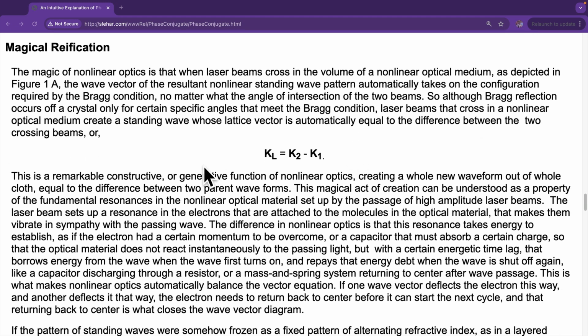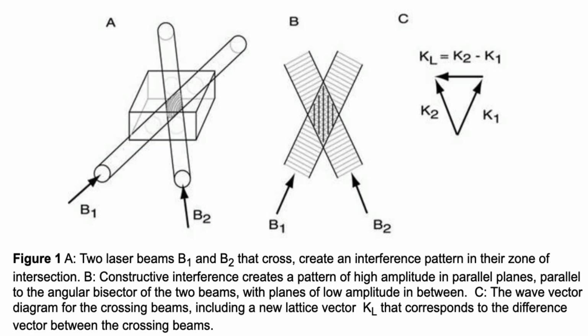Magical reification. The magic of nonlinear optics is that when laser beams cross in the volume of a nonlinear optical medium, as depicted in Figure 1a, the wave vector of the resultant nonlinear standing wave pattern automatically takes on the configuration required by the Bragg condition, no matter what the angle of intersection between the two beams.